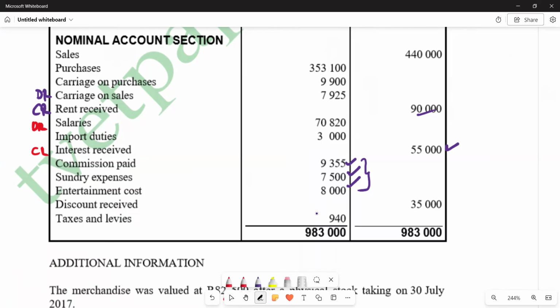And we have got discount received, which is 35,000. Remember, this is an income. So this is an income supposed to go to the credit side. So we are picking our discount received 35,000, and then we pick our taxes and levies as an expense to the debit side, 940.